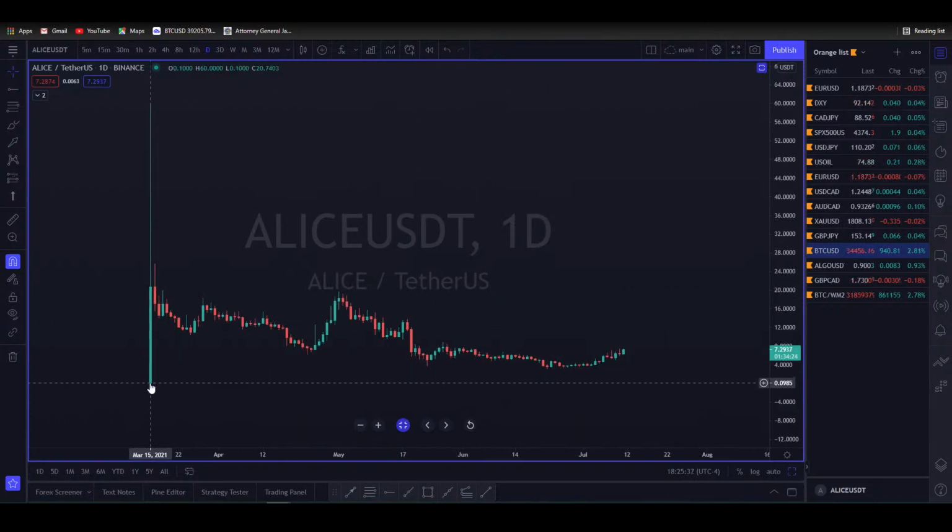This is what they call a pump and dump in the industry. Insiders are allowed to buy these tokens, and it's the same for stocks, right? They're called preferred partners or something like that. They're allowed to actually buy into the asset before the public announcement and the public open.